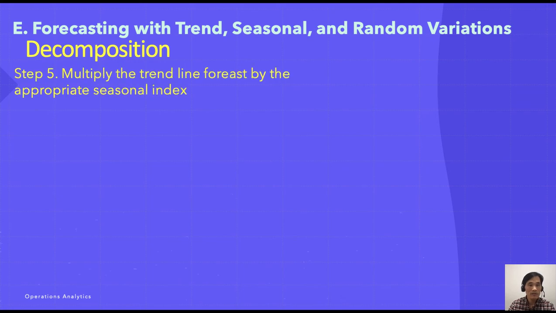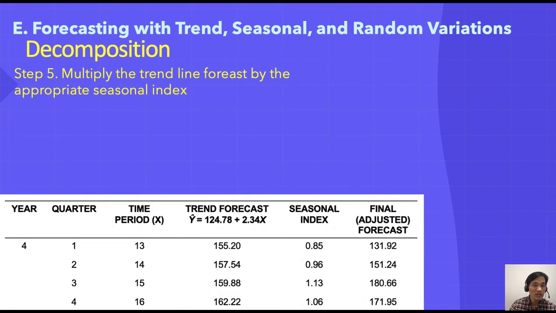And step five is multiply the trend line forecast by the appropriate seasonal index. So the seasonal indices we already calculated are 0.85, 0.96, 1.13 and 1.06.